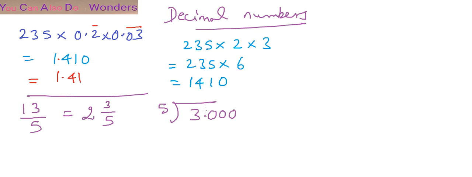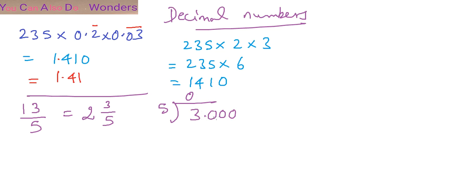Okay, now let's take the first digit 3. 3 divided by 5. Because 3 is less than 5, it's 0 times, you cannot divide 3 by 5. Then we take the next digit also, then it becomes 30.